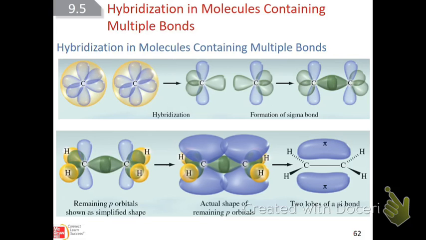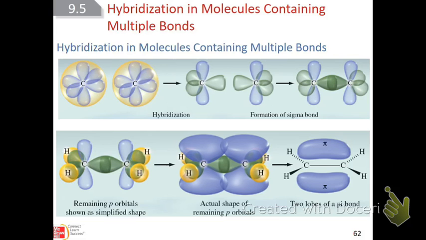Okay. So there is a difference between the 2 different kinds of bonding, and you're going to need to understand the difference between a sigma bond and a pi bond.